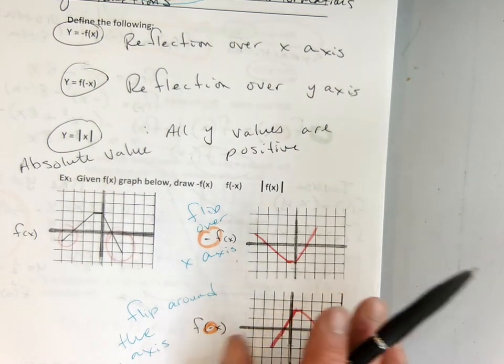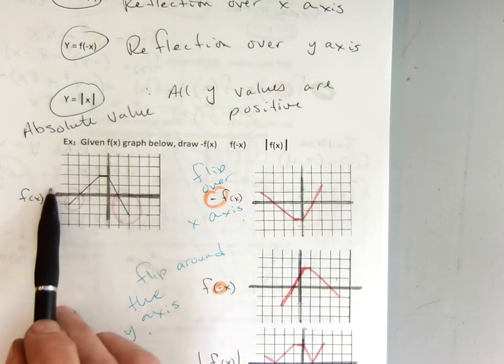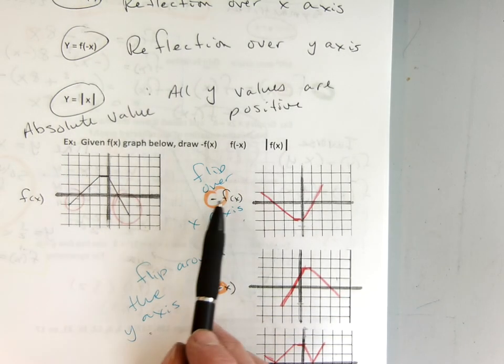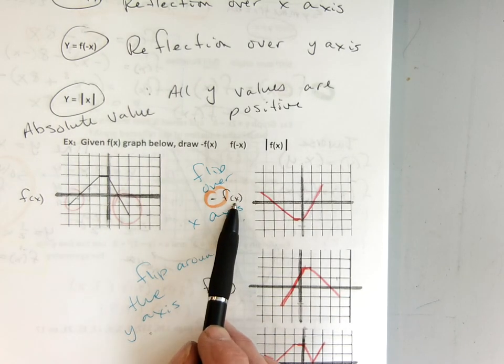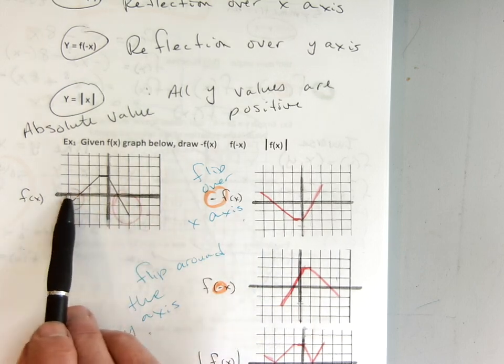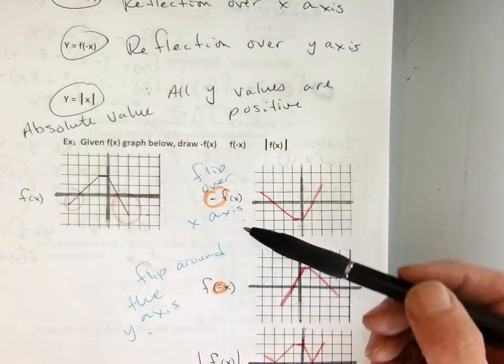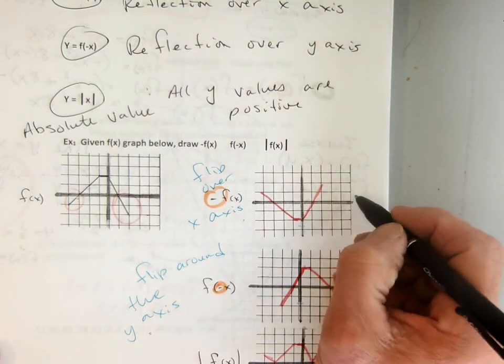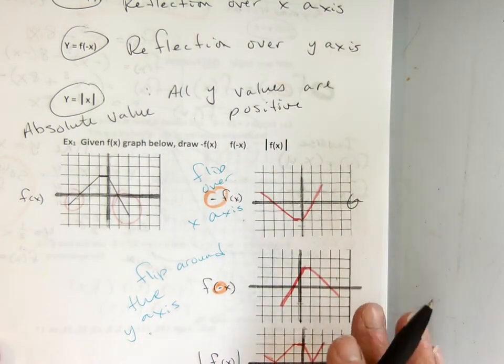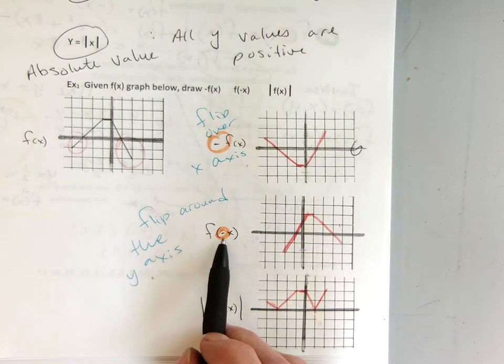So we graphed them. First, we took our function, f of x, and did a negative f of x. We literally flipped it over the x-axis, so we redrew our figure, and here it is, reflected over the x-axis. Our second graph was f of negative x.